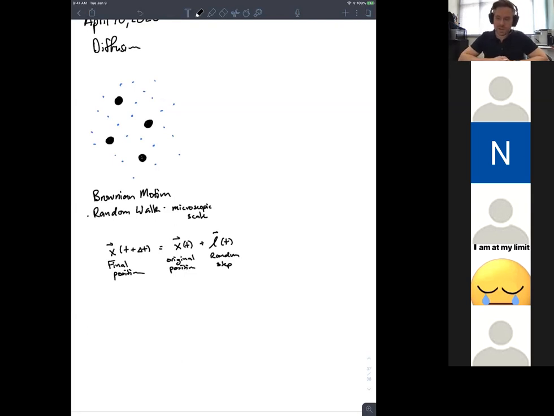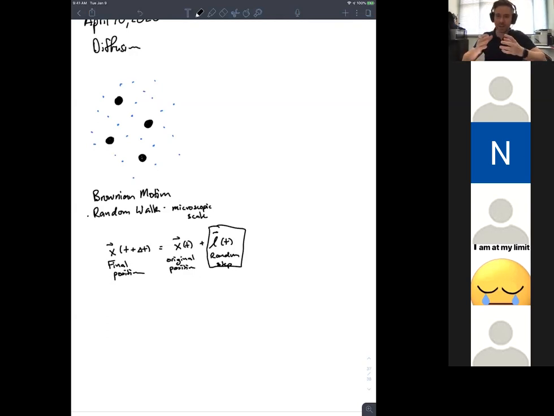Now we also said that these steps are random. So you're at a position, and the step that you take is going to be random in its direction, and as far as the formalism that we laid out, it can in principle also be random in length.